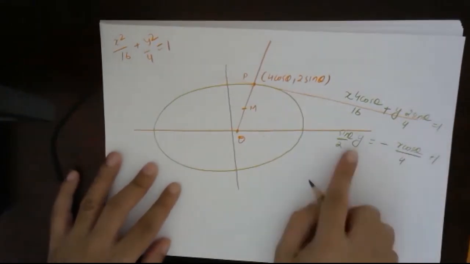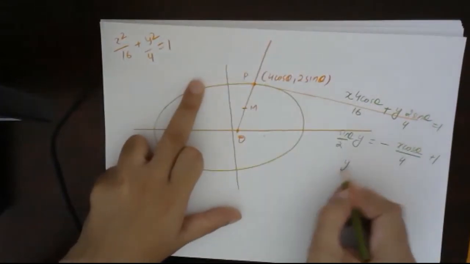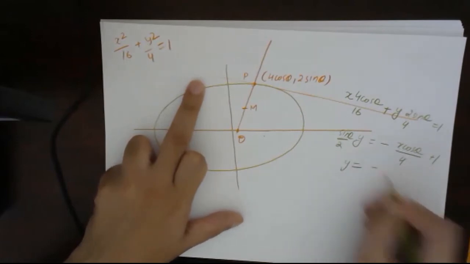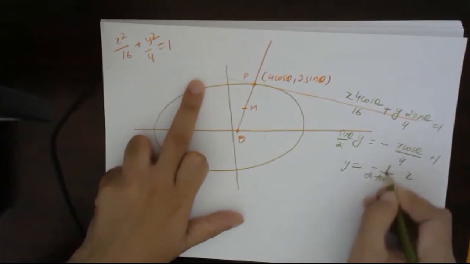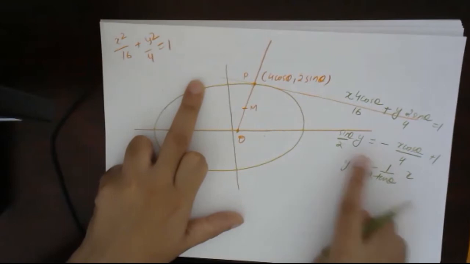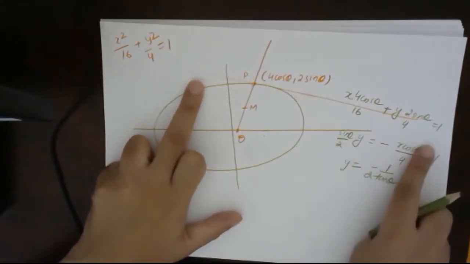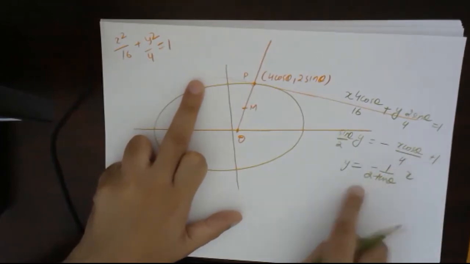Very good. So the slope of the tangent: y equals, the 4 and 2 get cancelled, so this is minus x by tan theta into 2, minus 1 by 2 tan theta. The slope of this tangent will be, if I take 2 here, 1 by 2, cos by sine, minus of tan.